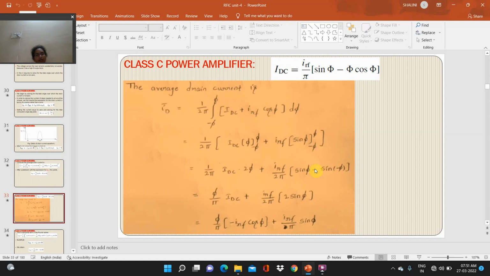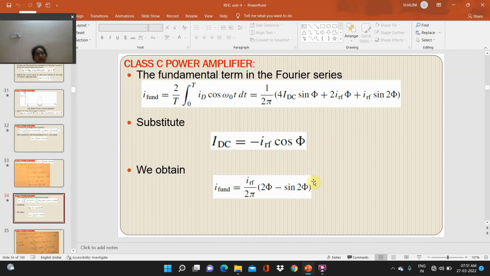That is 1 by 2 pi of IDC phi from minus phi to phi plus IRF sin phi from minus phi to phi, which equals 1 by 2 pi of 2 phi IDC plus 2 IRF sin phi, that is equal to 1 by pi into minus IRF cos phi plus IRF by pi into sin phi.